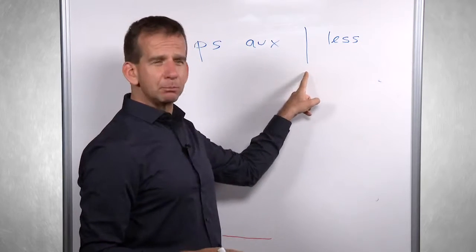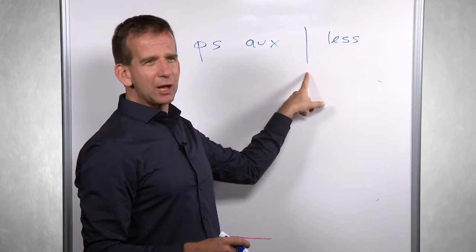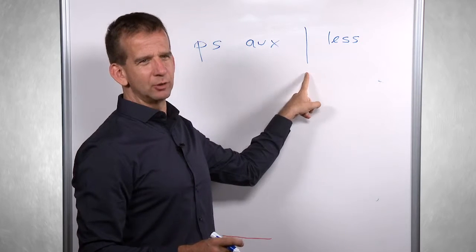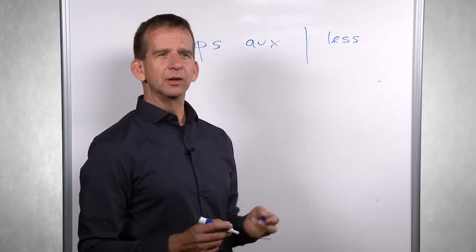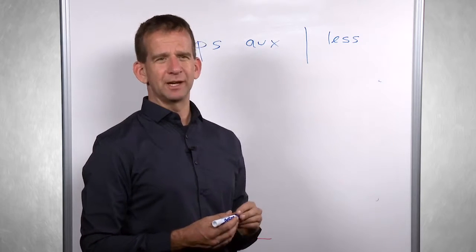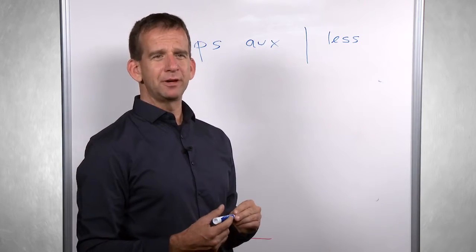Pipe signs are very important in Linux because they help you be flexible with the commands that you are using. By using pipes, you can do very specific filtering on the output of commands, for example. And that is why pipes are very important.